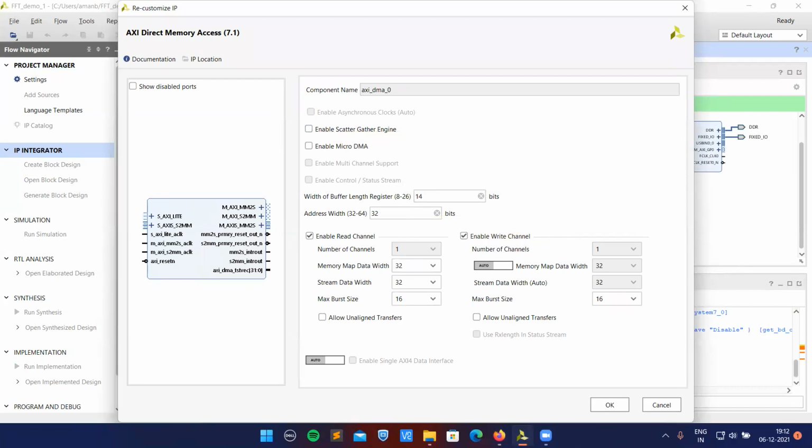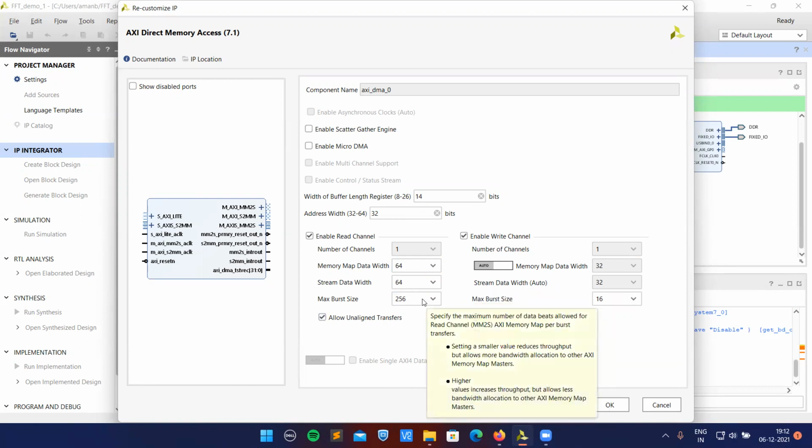Moving ahead, we have the enable read channel. It's going to be 64-bit, and I'm going to explain why. The reason is that we are using the float complex data type, so it's a concatenated data of individual 32 bits. The first 32 bits are for the imaginary, and the lower 32 bits are for the real.